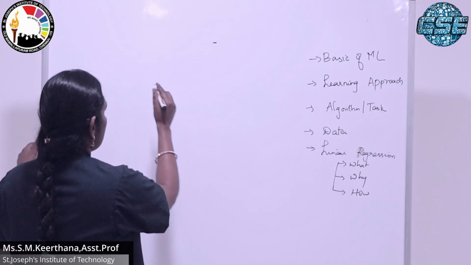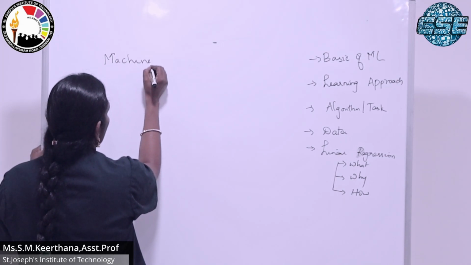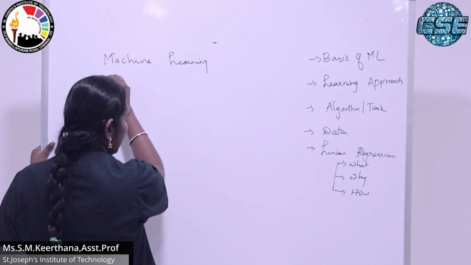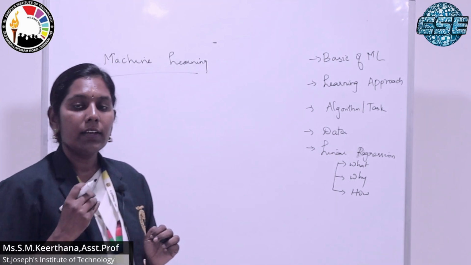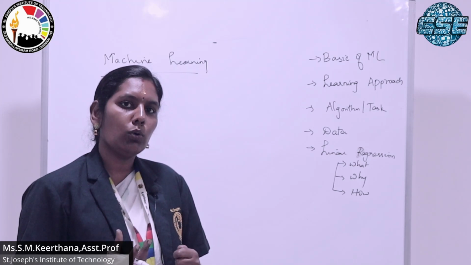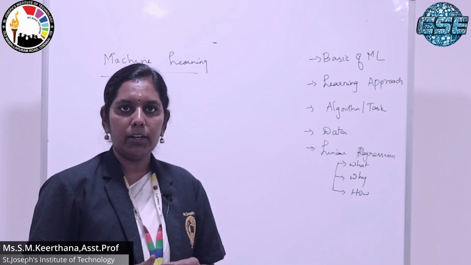Getting into the basics of ML, the basic definition of machine learning is making the machines learn without programming them explicitly. What does without programming explicitly mean? Suppose I need to add two numbers.